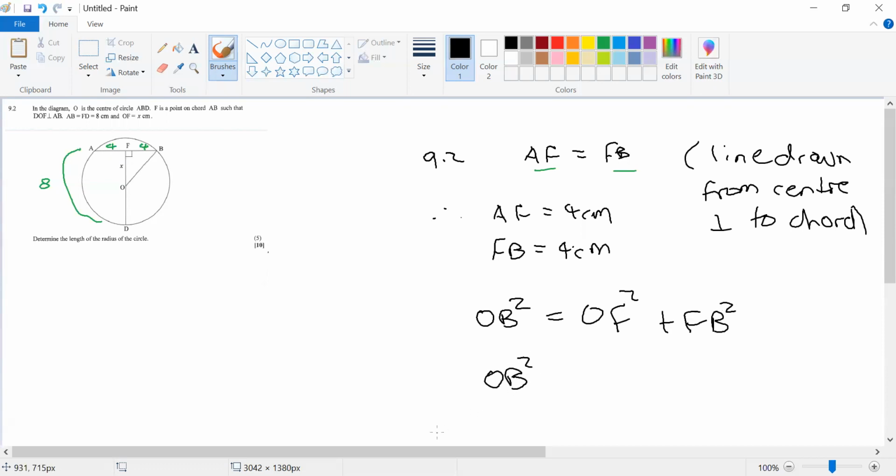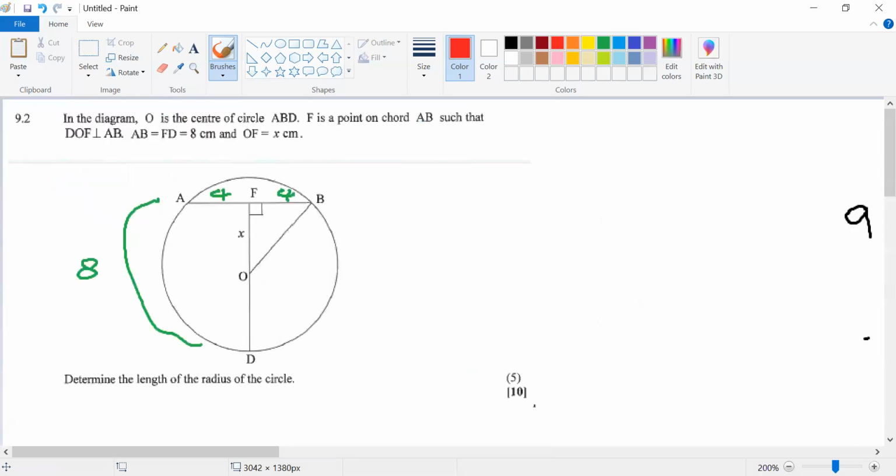So this is just OB squared is equal to OF, which is X squared, plus 4 squared. So in this equation, I have two unknowns. I don't know what OB is, and I don't know what X is. So my objective now is going to try and get OB in terms of X. And let's see if I can do that.